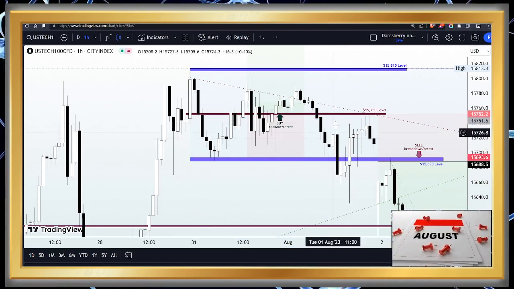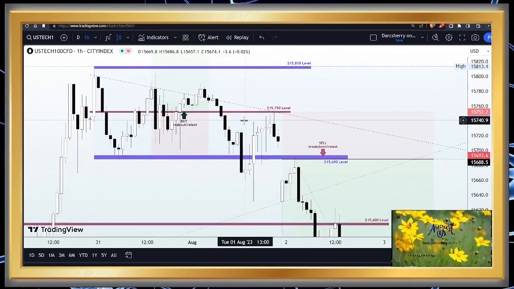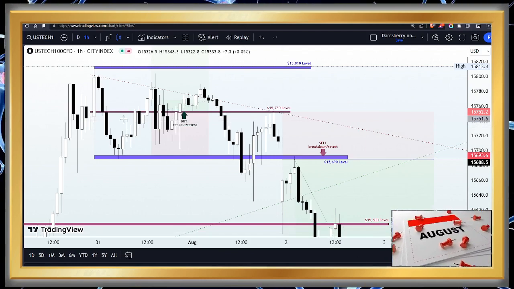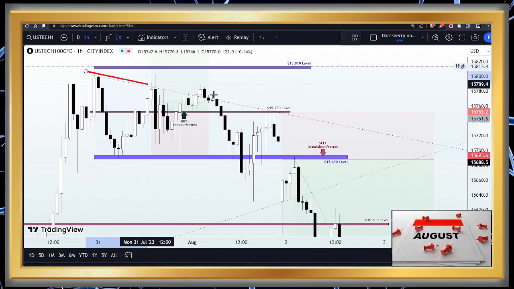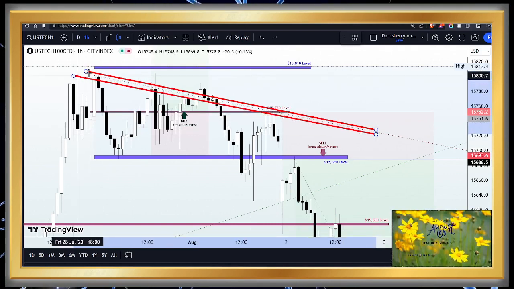Now, on Tuesday's trading session, we began to notice how difficult it is for buyers to continue above the 15,750. So at this point in time, we began to notice lower highs even within that range. And as a result of this observation, we were able to connect the series of lower highs here to give us a descending trend line to work with.